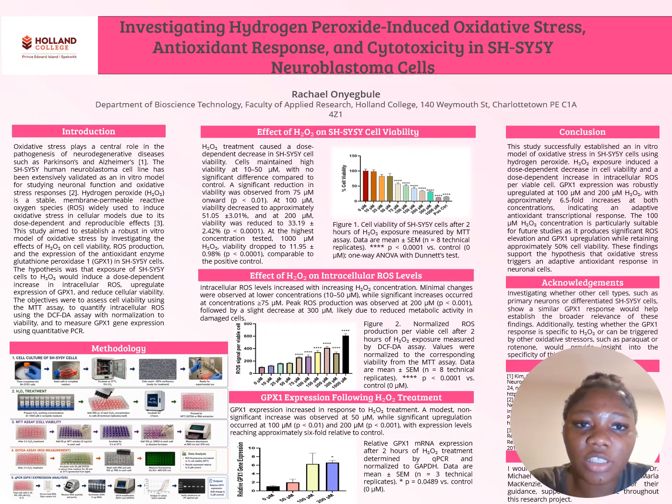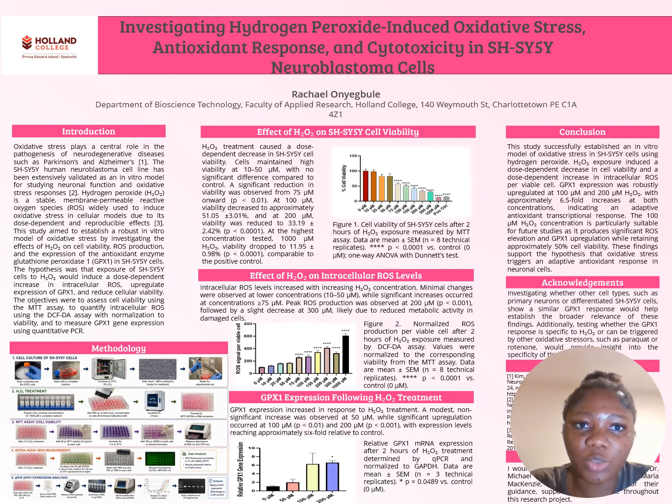In conclusion, the study successfully established an in vitro model of oxidative stress in SH-SY5Y cells. Hydrogen peroxide exposure induced a dose-dependent decrease in cell viability and a dose-dependent increase in intracellular ROS per viable cell.